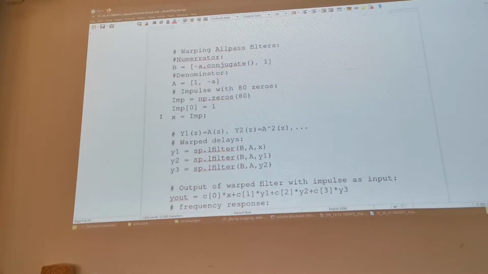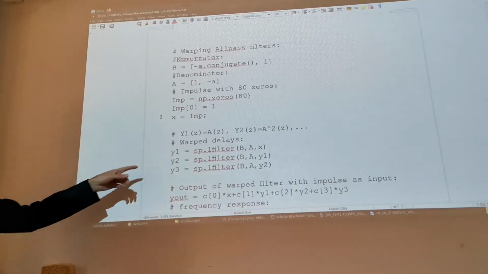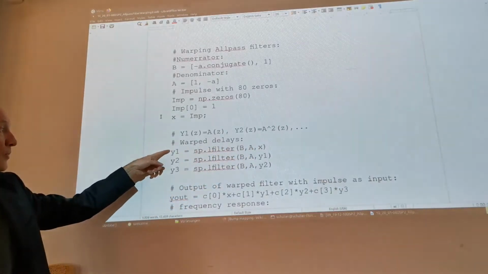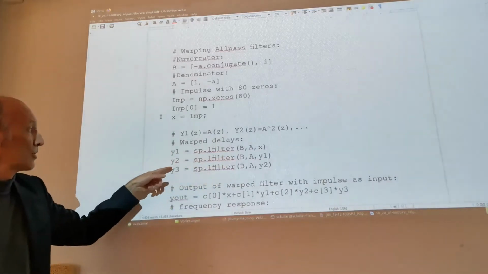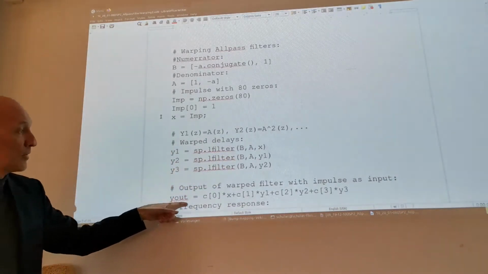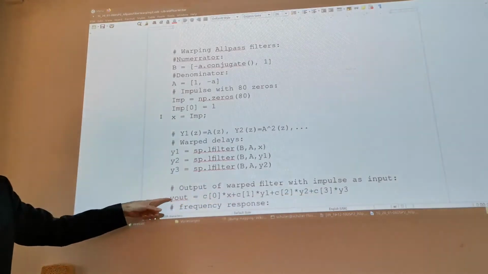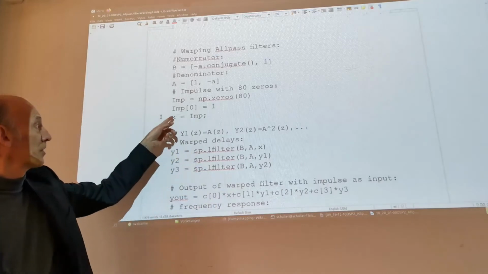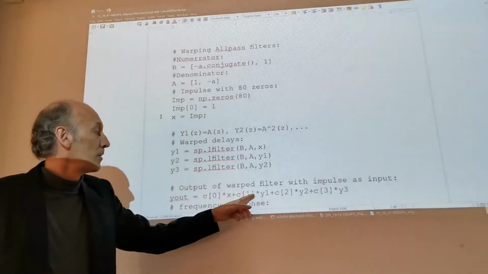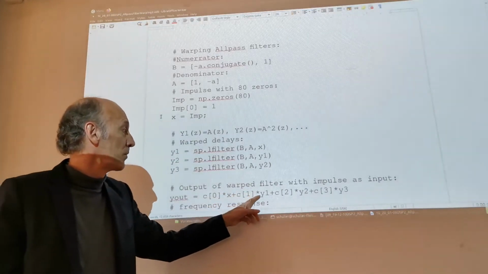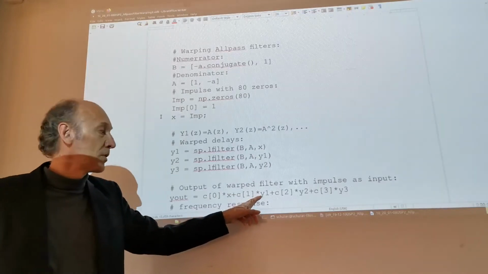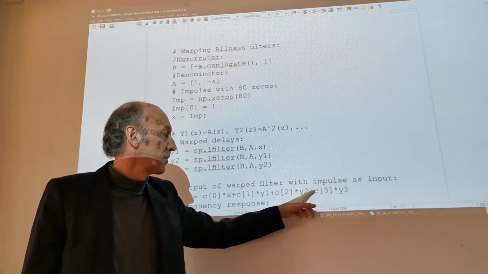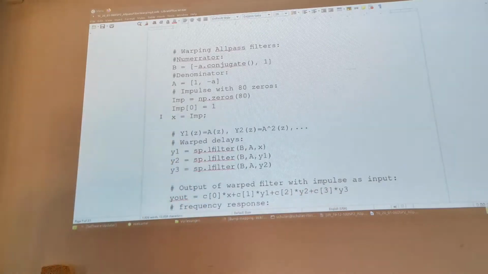Here we have our delayed X, or all-pass filtered X. So here's after the first filter, here after the second filter, and here after the third filter. And this is the output then of our warped filter. You can see here C0 times X, where X is our impulse, then plus C1 times Y1, the output of the first all-pass, C2 times the output of the second all-pass, plus C3 times the output of the third all-pass.